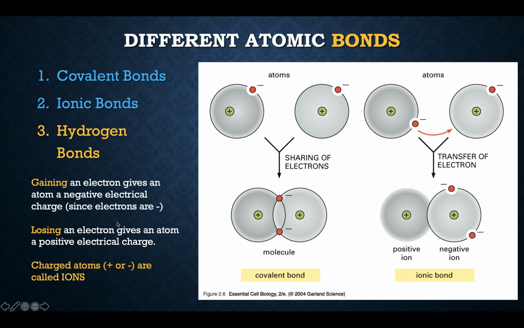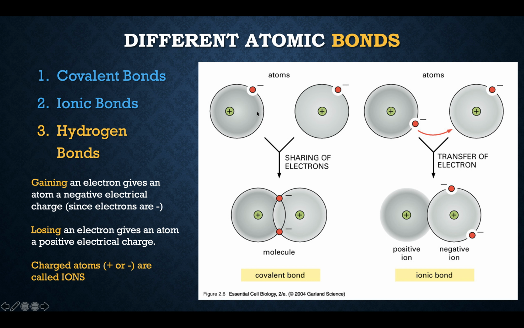If we add a negative electron, then we will get a net negative charge. If we lose that negative electrical charge, it will give the atom a resulting positive charge. These charged atoms, whether positive or negative, are called ions. So ions are atoms that have a charge.